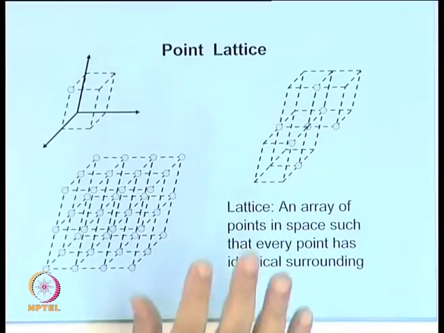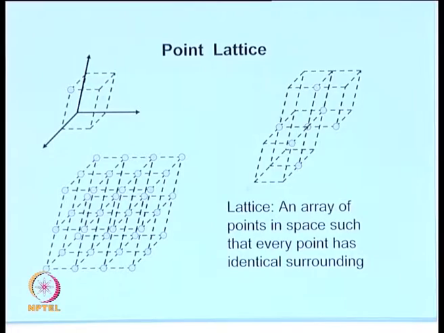Now, with this we have covered the nature of atomic bond. Now, let us look at the crystal structure. All metals are crystalline. In a crystalline material, the atoms are arranged in a periodic fashion. How do we represent this periodicity, or visualize this periodic arrangement of atoms in a crystal?